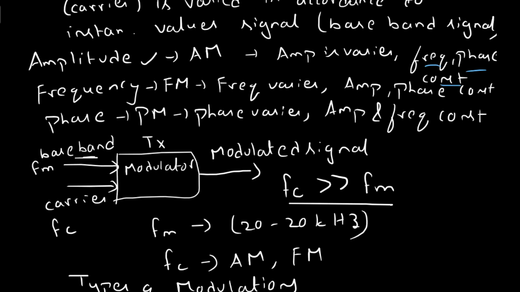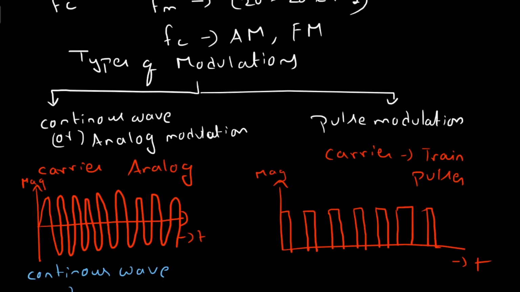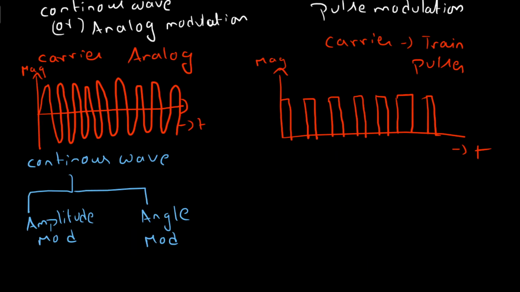Depending on this, it can be classified into amplitude modulation, and the other two modulations are named as angle modulation. This angle modulation can again be classified into frequency modulation and phase modulation.